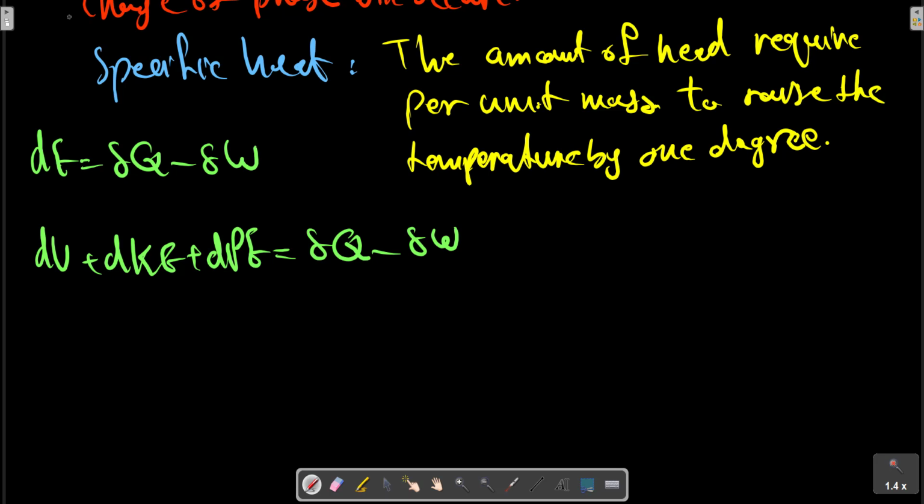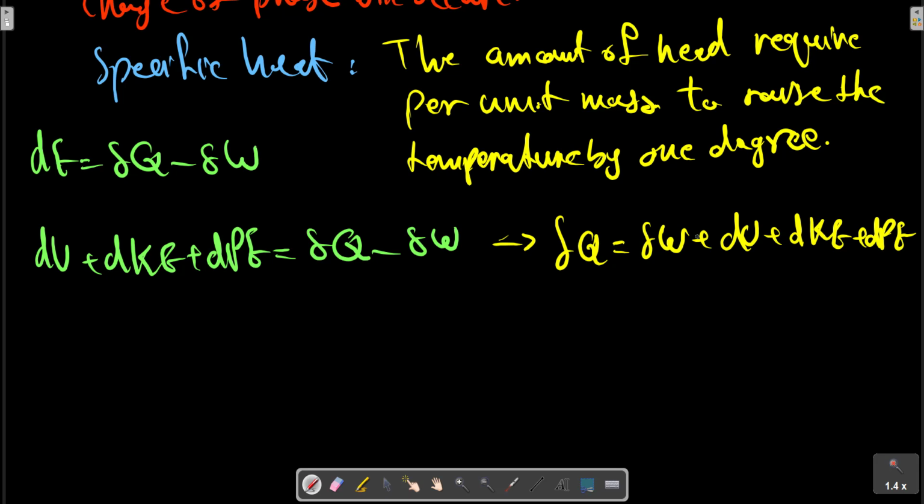Note that the heat transfer is given by the equation here, plus dPe.